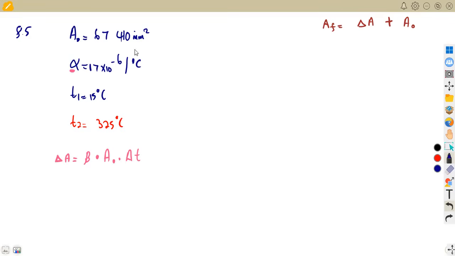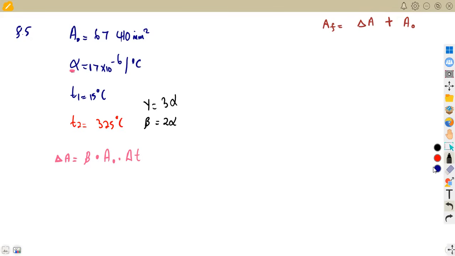But because here we are given the linear coefficient of expansion, remember I said the area expansion is given as 2 alpha. The volume expansion is given as 3 alpha. So take note, you need to understand this, where alpha is your linear coefficient of expansion, the one that you're given on your information sheet.